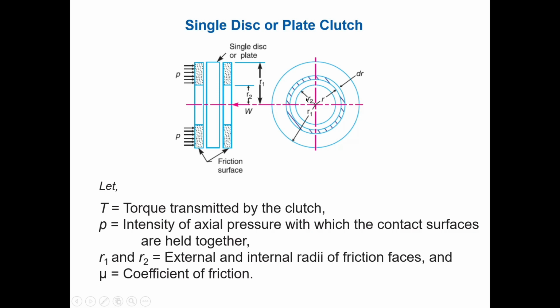R represents the radius, and dr represents the radius of this ring. T represents the torque transmitted by the clutch, P is the intensity of axial pressure, R1 and R2 are the external and internal radius, and mu is the coefficient of friction.